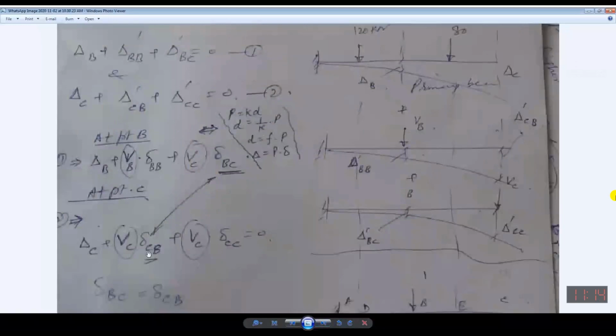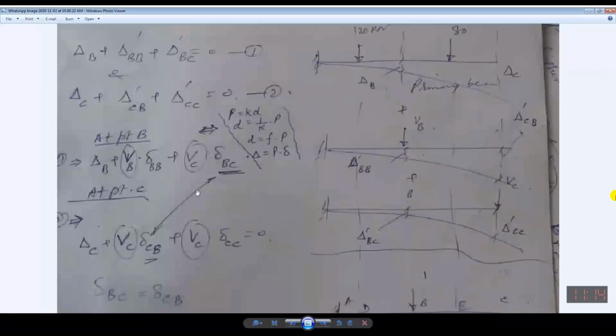Now this delta BC and delta CB, these are same. What is the reason? This is through the Maxwell law of reciprocal deflection. That deflection at B due to load at C and deflection at C due to load at B, these will be same.